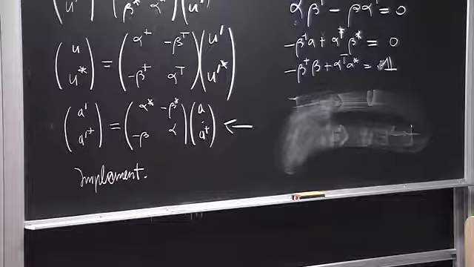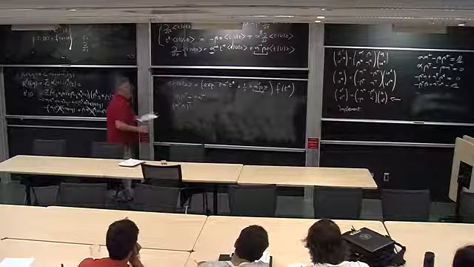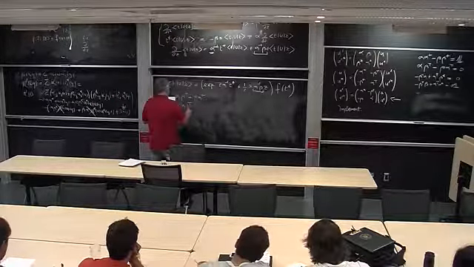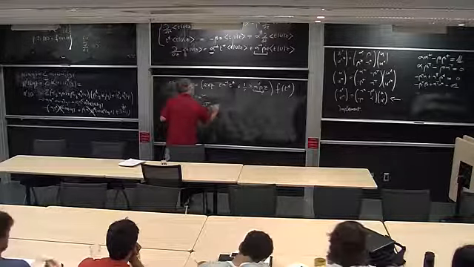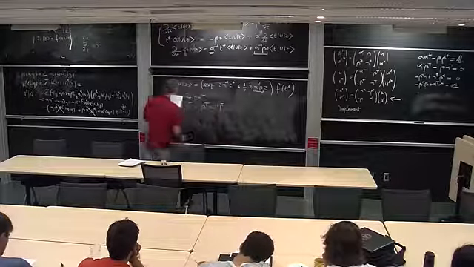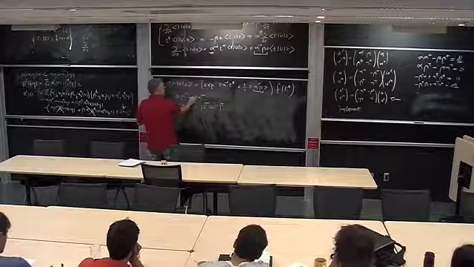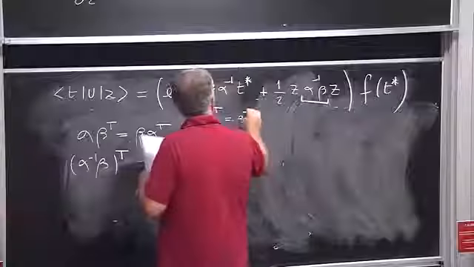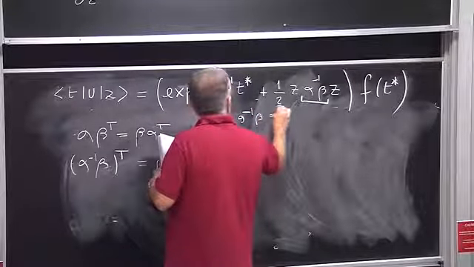Okay, so let me compute alpha minus 1 beta transposed. This has to be equal to alpha minus 1 beta, okay? What is this? This is beta transposed alpha minus 1 transposed. Beta transposed I compute from here by multiplying by alpha minus 1. Beta transposed is alpha minus 1 beta alpha transposed.